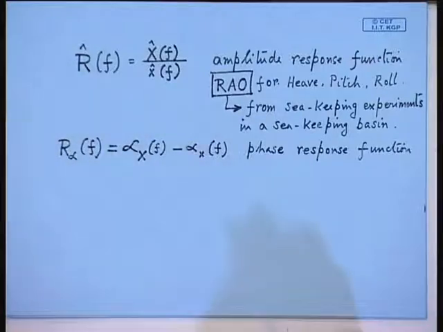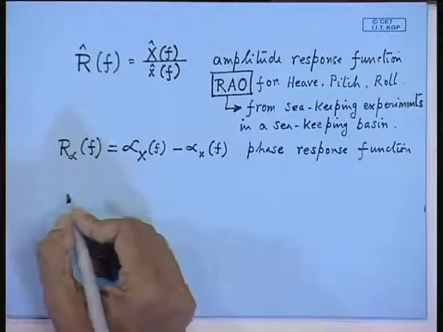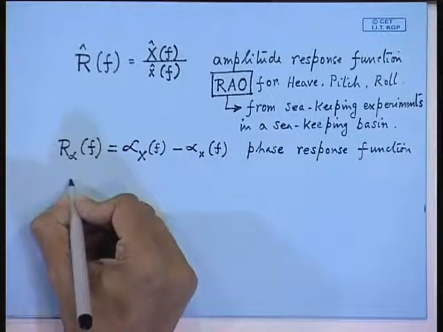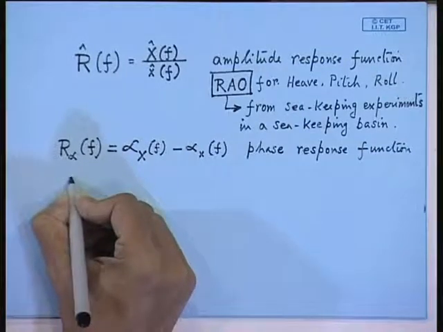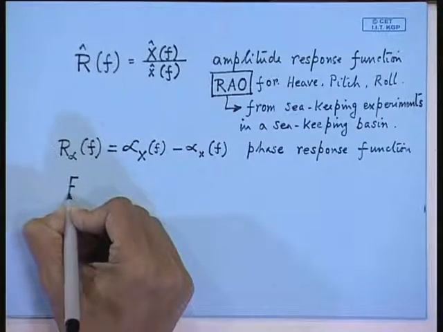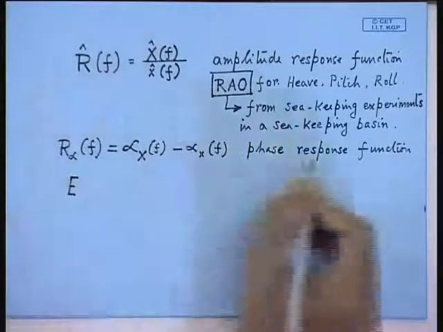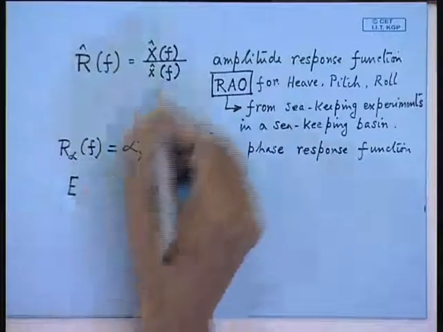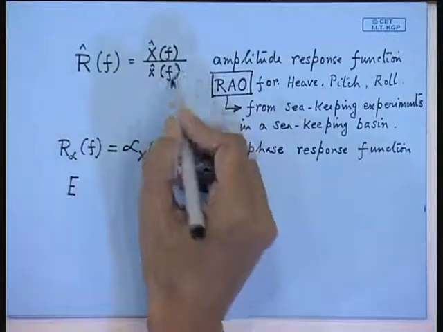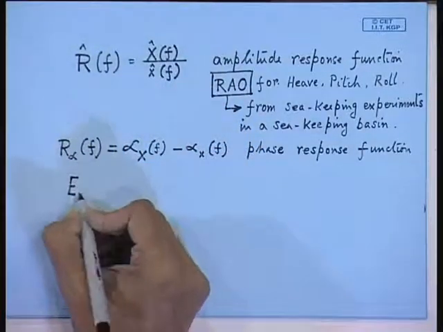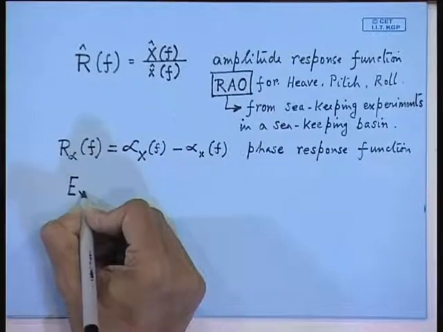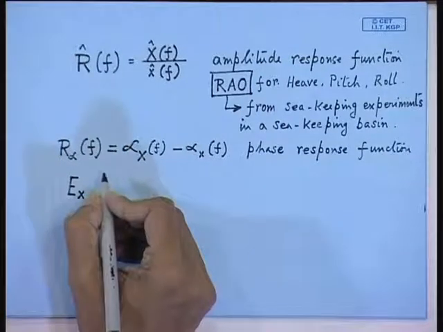Now, from these two, how do you get the response spectra? Actually, in your measurements from your seakeeping tank, you do not measure directly these two ratios of the displacements, because that will cause error.